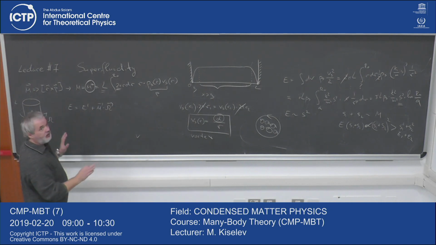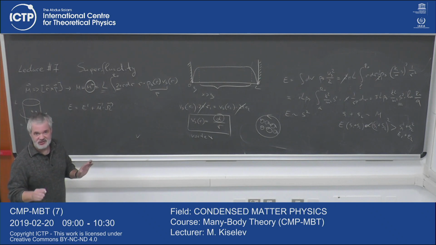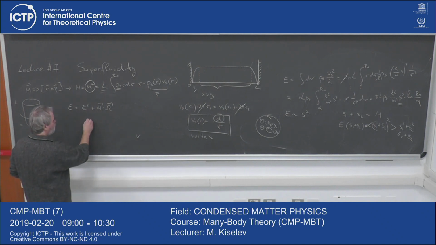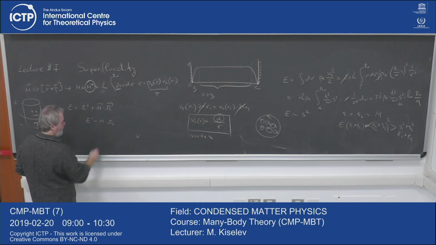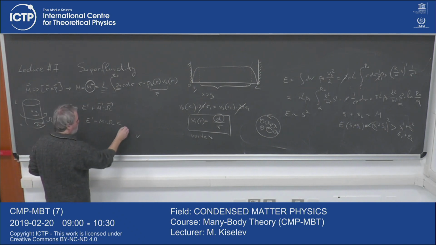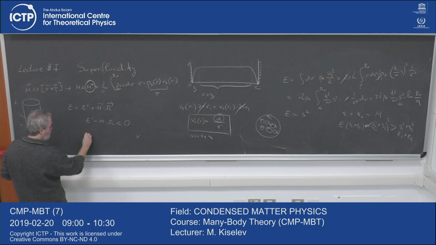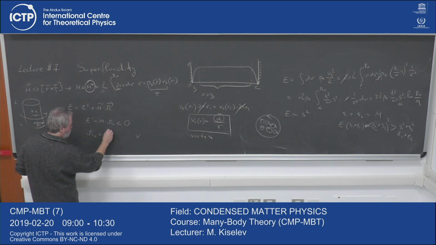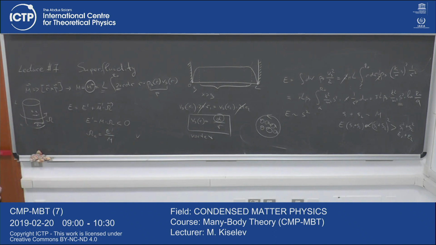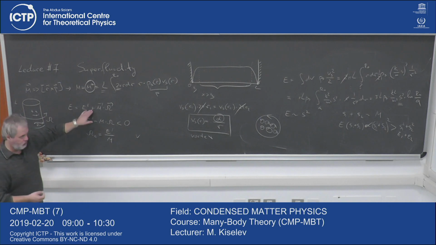The very same way I'm coming from one non-inertial system to another one, and should write down that E prime minus M times omega should be negative. So the critical velocity, omega c, is equal to E prime divided by the momentum, which we computed.